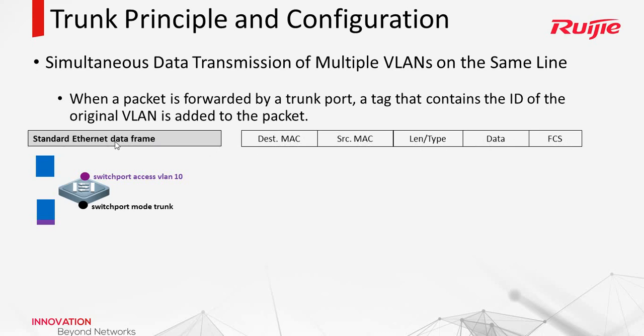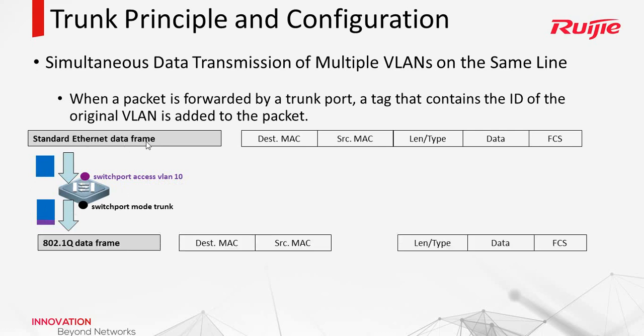So when this frame is sent to this switch, pay attention, this interface belongs to VLAN 10. And then we can find that the switch added the VLAN tag to this packet, and this frame changed to an 802.1Q data frame.